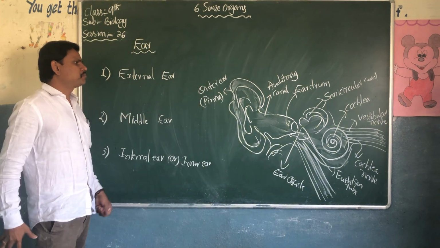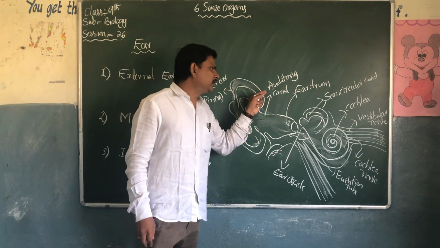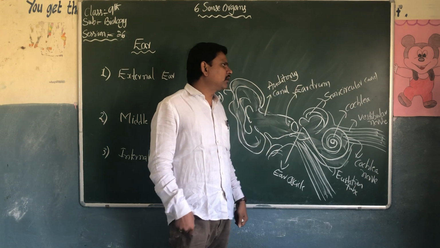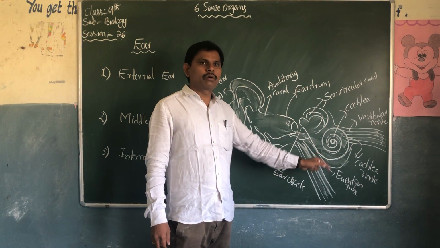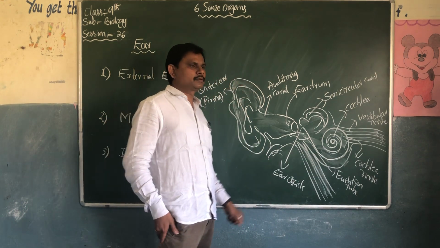These are the parts of the ear: outer ear, auditory canal, eardrum, semicircular canals, cochlea, vestibular nerve, cochlear nerve, Eustachian tube, ear ossicles.